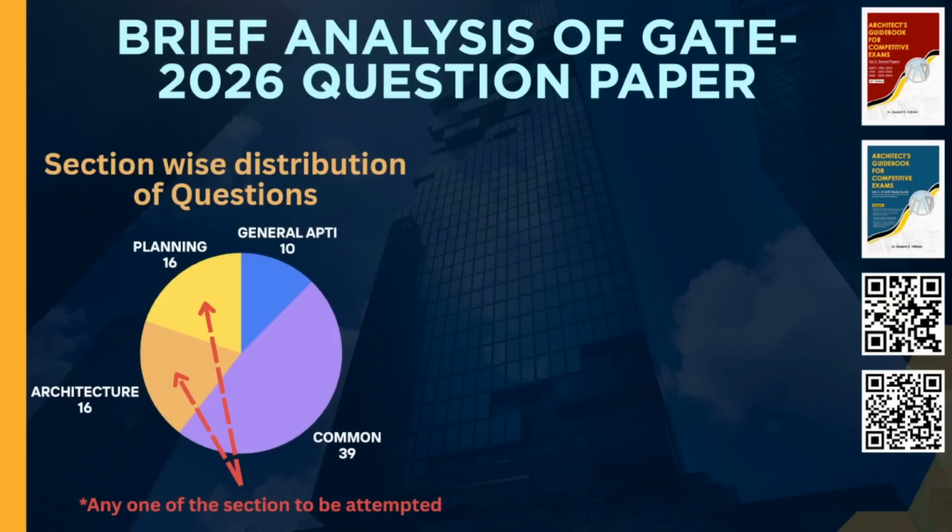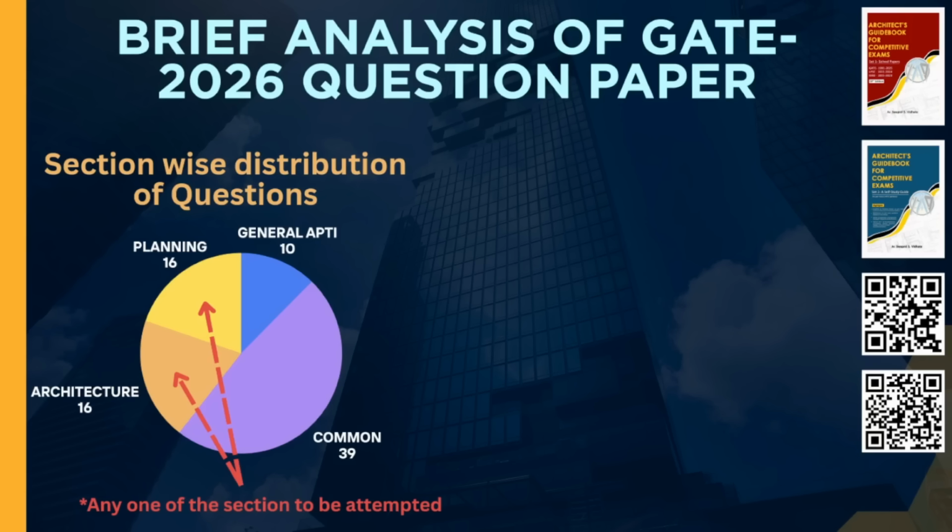Now coming to the brief analysis of the GATE 2026 question paper of the Architecture and Planning stream, the section-wise distribution of questions is as you can see on your screen. The general aptitude section, the first section, contains 10 questions. The first 5 questions are 1 mark each, followed by the next 5 questions of 2 marks each.